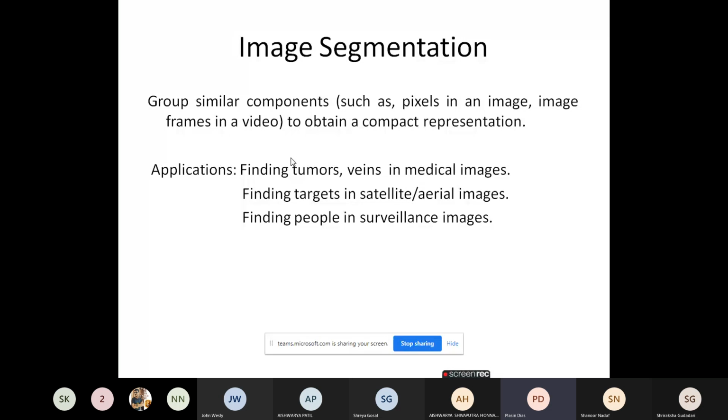If you consider surveillance images, you can think of finding people in a particular image. So that is how image segmentation helps everybody analyze different things available in those pictures.